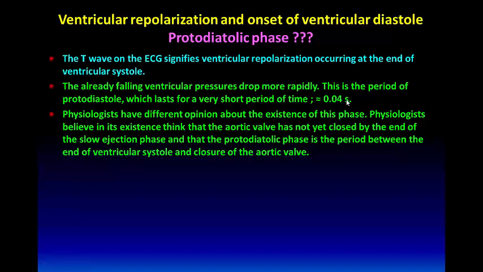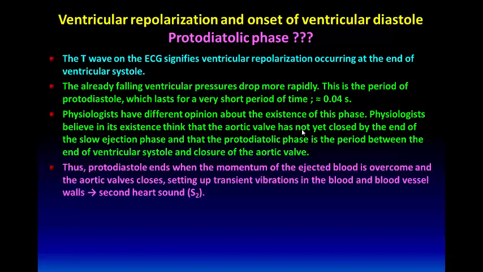Physiologists have different opinions about the existence of the protodiastolic phase of the cardiac cycle. Some physiologists believe in its existence, and they think that the aortic valve has not yet closed by the end of the slow ejection phase, and that the protodiastolic phase is the period between the end of ventricular systole and the closure of the aortic valve.